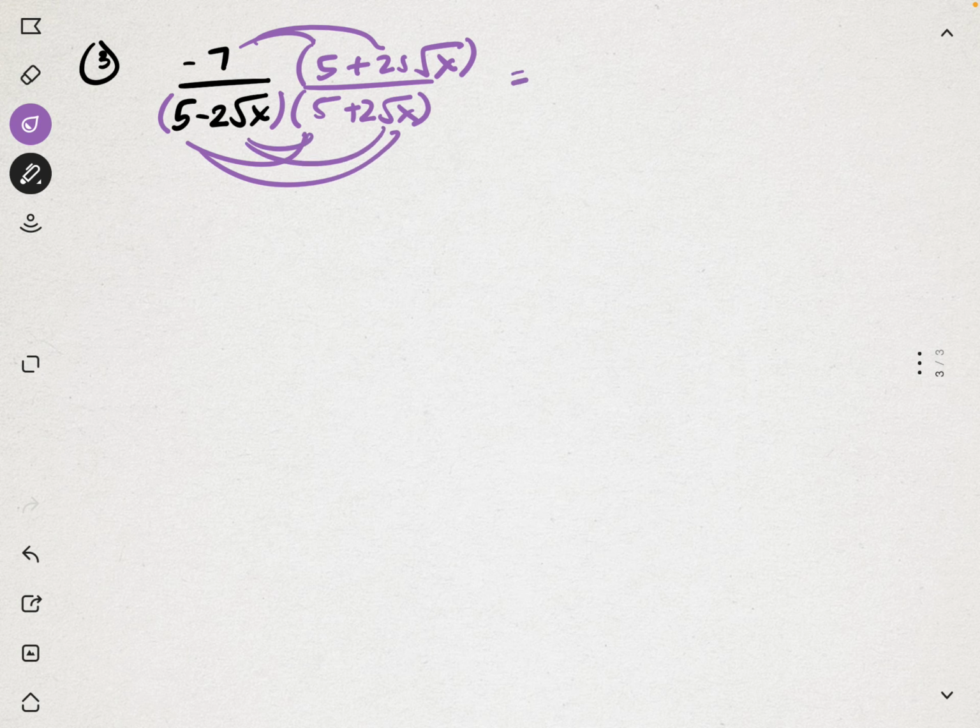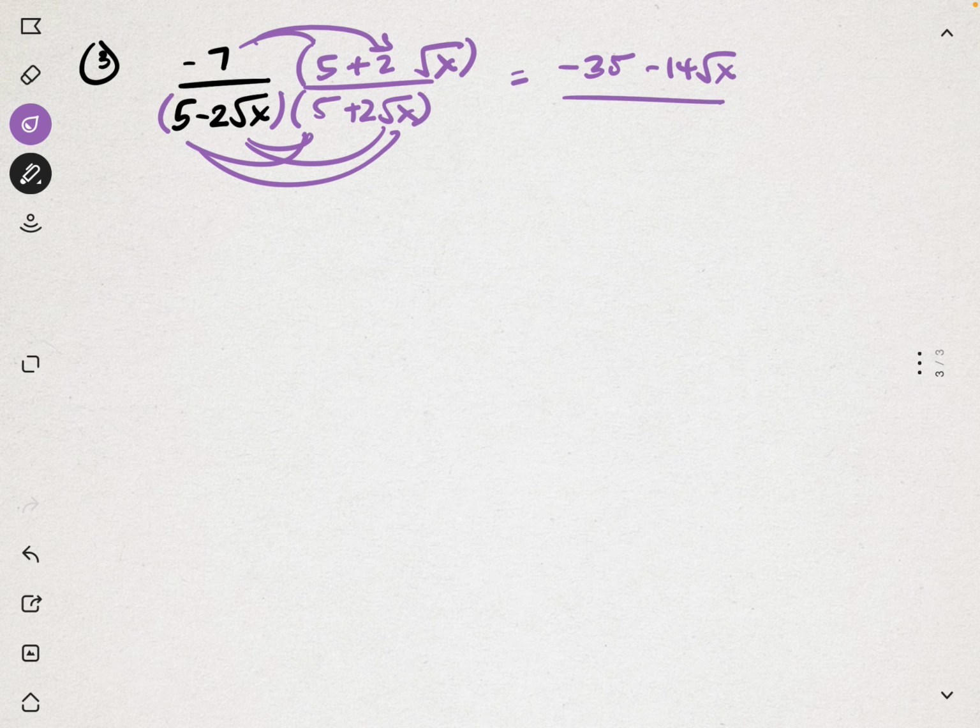So what we get is negative 7 times 5 is negative 35. Negative 7 times 2 square root x is going to be negative 14 square root x.